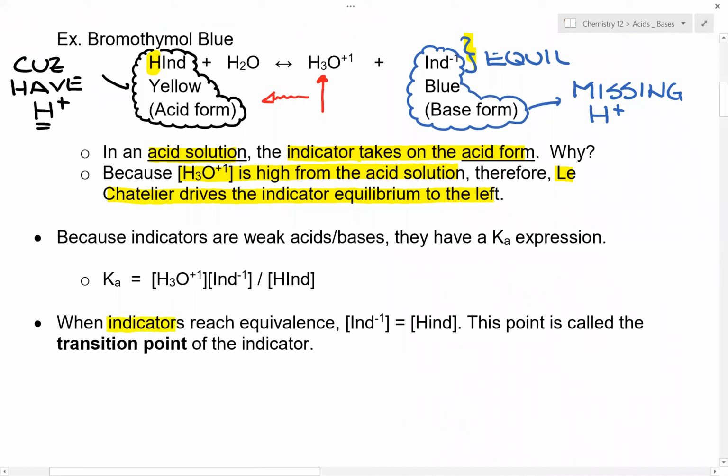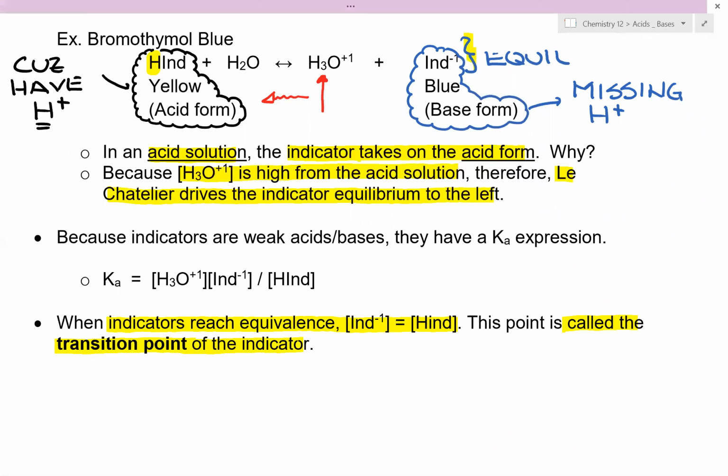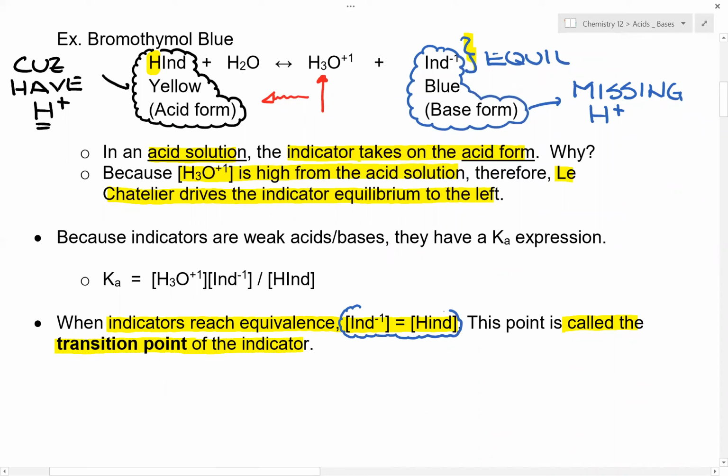When indicators reach equivalence, where the moles or the concentration of the base form is equal to the concentration of the acid form, this is key. This is called the transition point of the indicator.